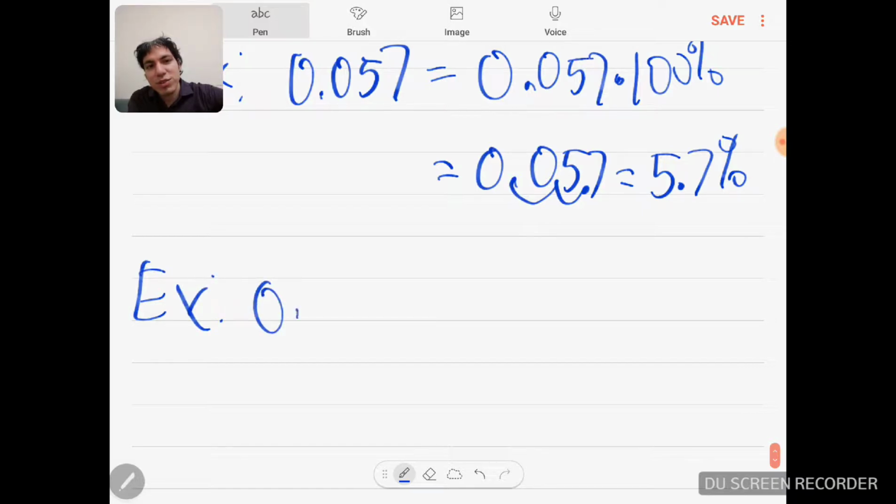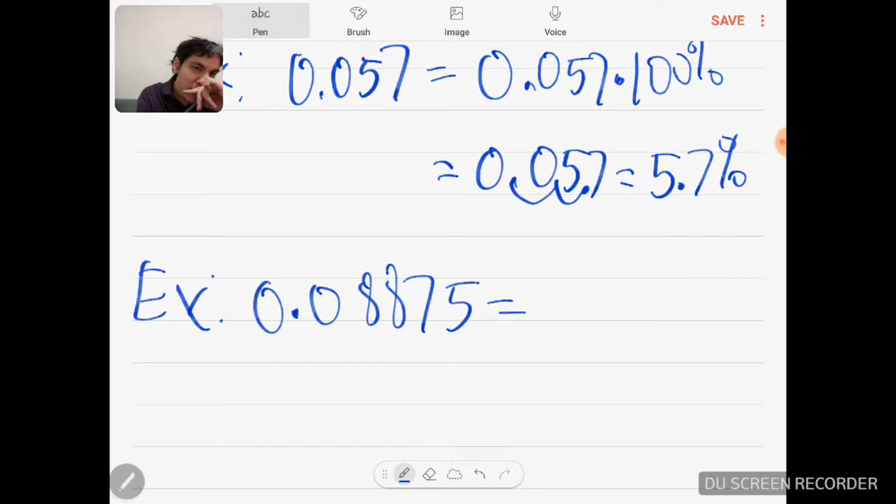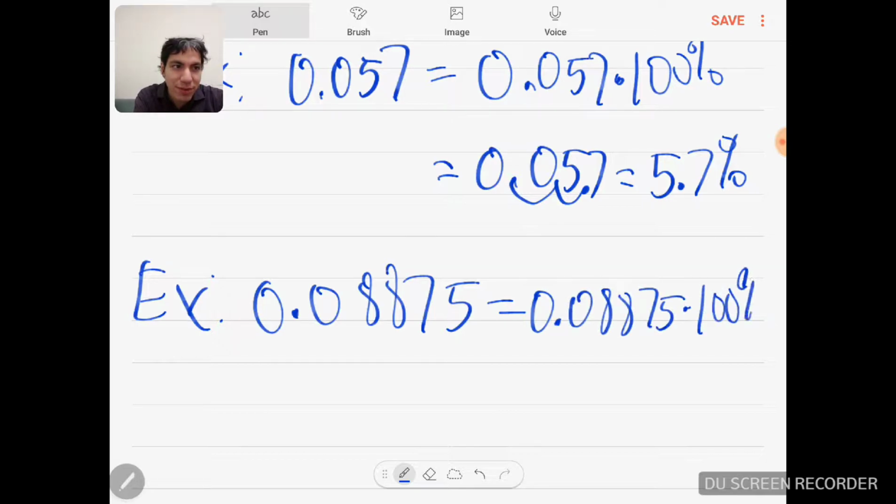What about this one? 0.08875. So then you do the same step, 0.08875 times 100%.